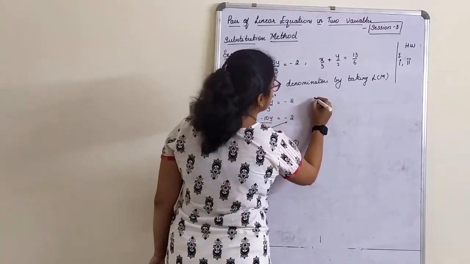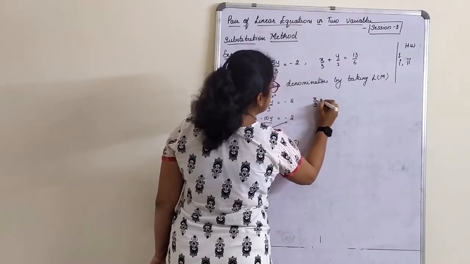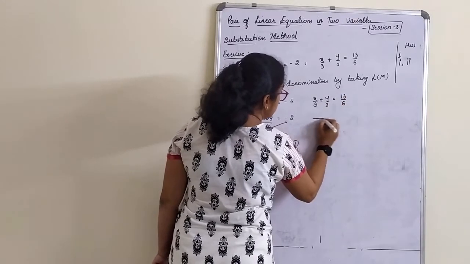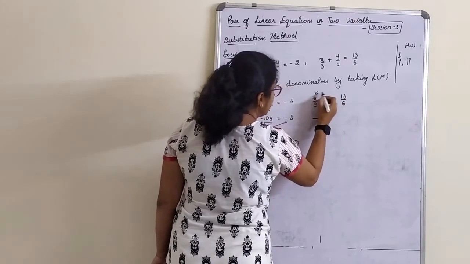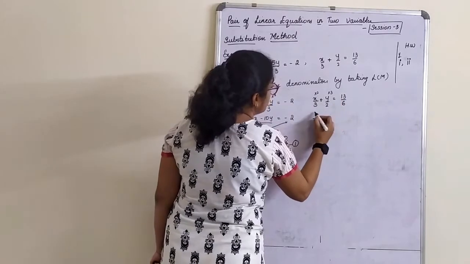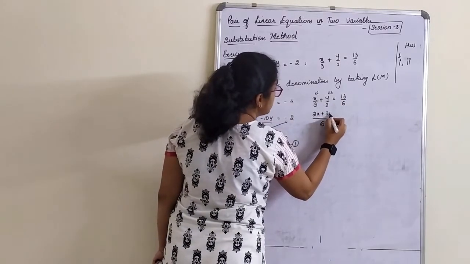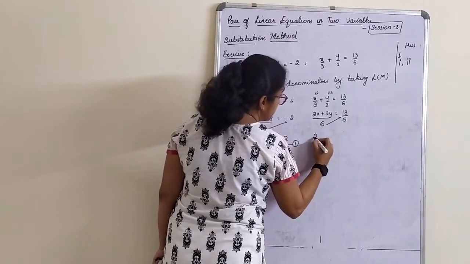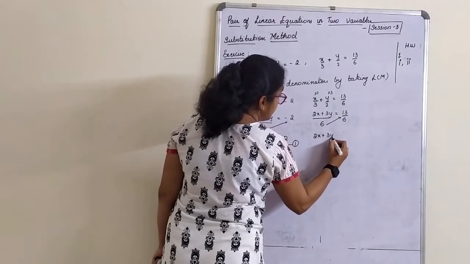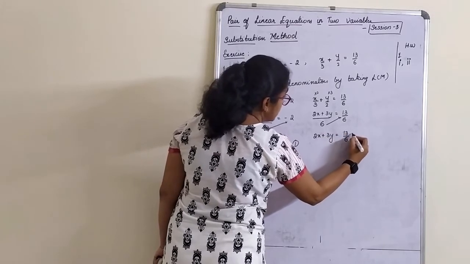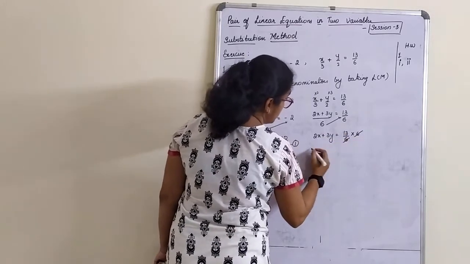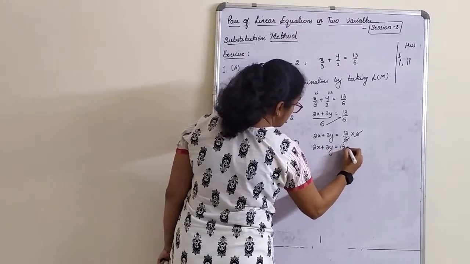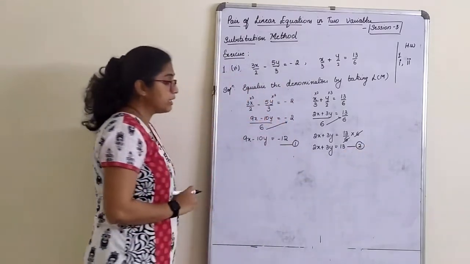Second equation, x by 3 plus y by 2 is equal to 13 by 6. So the LCM here is 6, 2 into 3. So 2x plus 3y is equal to 13 by 6. Cross multiply with this. 2x plus 3y is equal to 13 by 6 into 6.